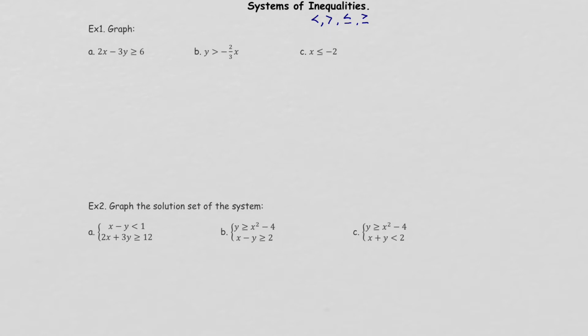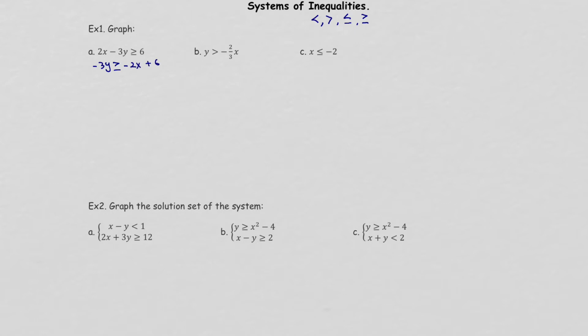So the first one, we have 2x minus 3y is greater than or equal to 6. What I'm going to do is solve for y, so I'm going to use slope-intercept form to graph the line. When I solve for y, I will get negative 3y is greater than or equal to negative 2x plus 6.